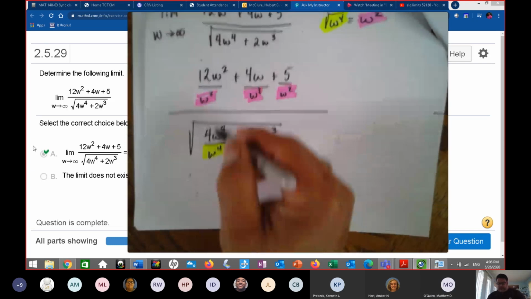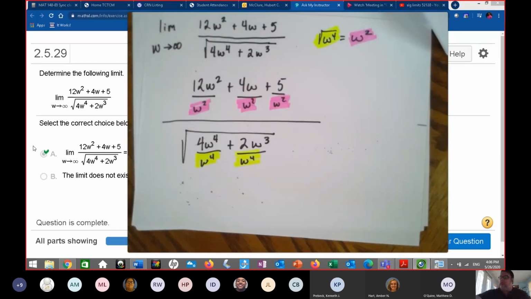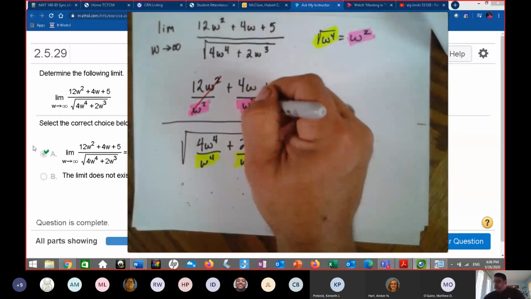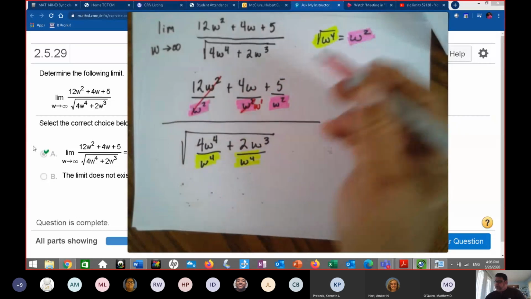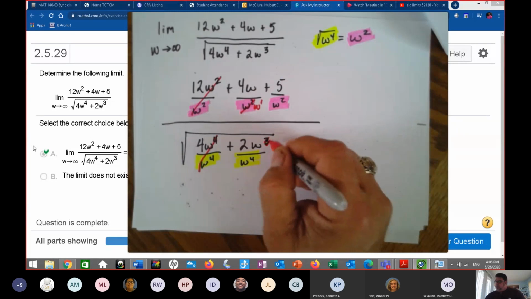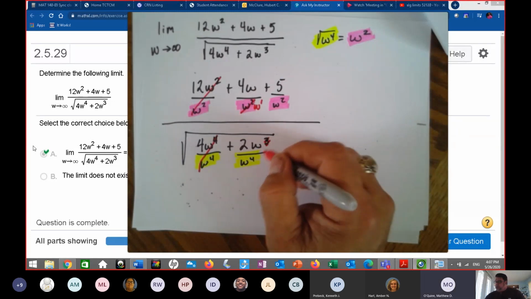So that cancels. Let's do a red marker. Put emphasis on the canceling. And that goes to a 1, W to the first, and that stays. That goes out, and W over what? W, wait a minute.